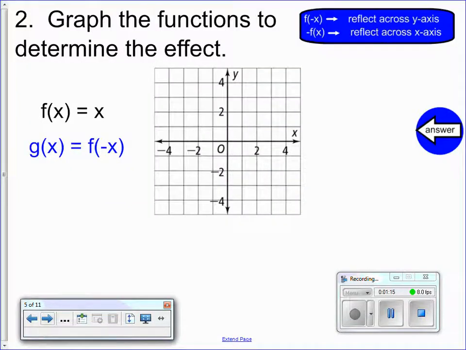This one is the same question, so my parent graph is going right through (0, 0), and this time my negative is on the inside, so it's going across the y. Now you should notice that in 1 and 2 they look almost exactly the same, and that's because our x and y intercepts are both 0.